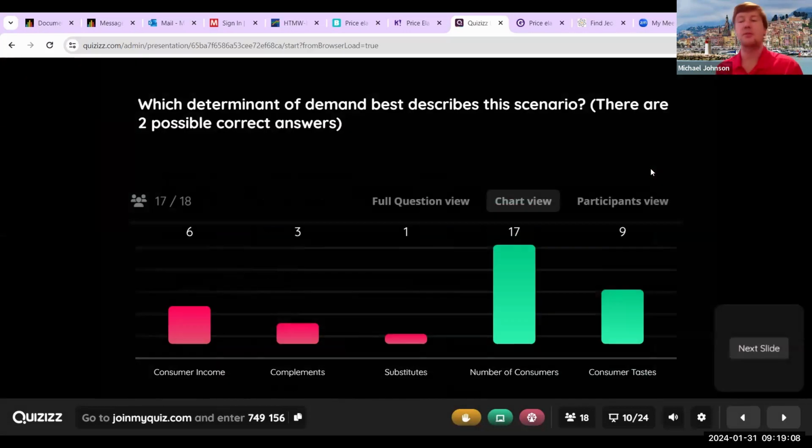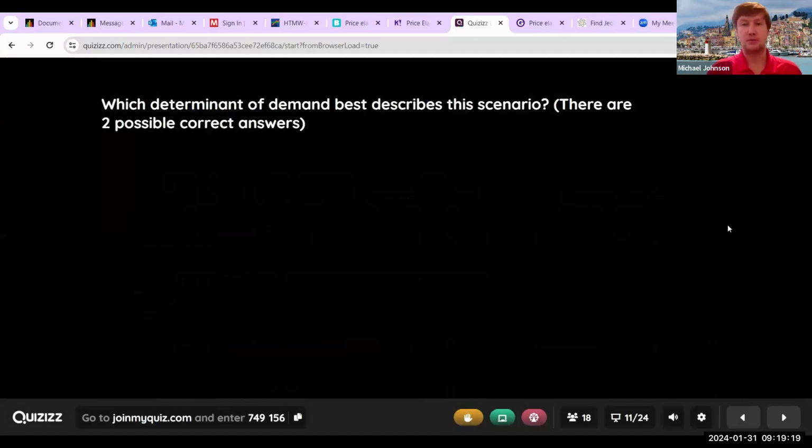So it'd be number of consumers and consumer tastes, because they like that type of food and there's more consumers. So their tastes are focused on that food because they like the food, and there's more consumers also.